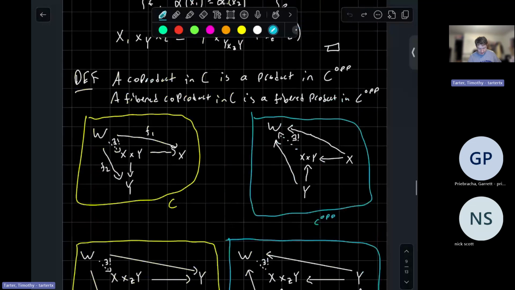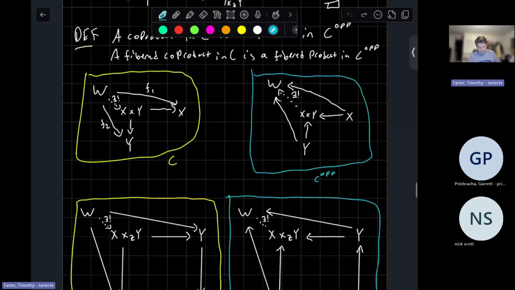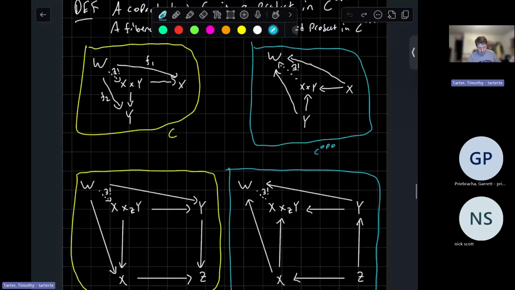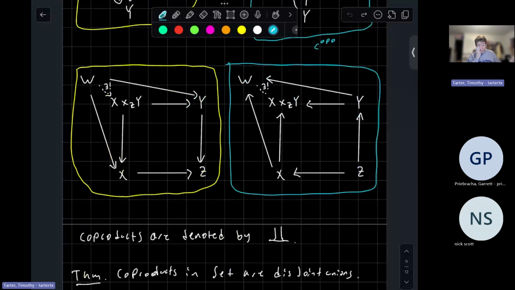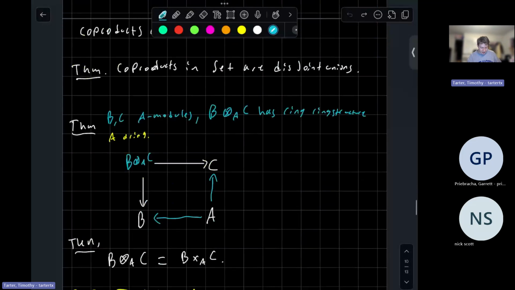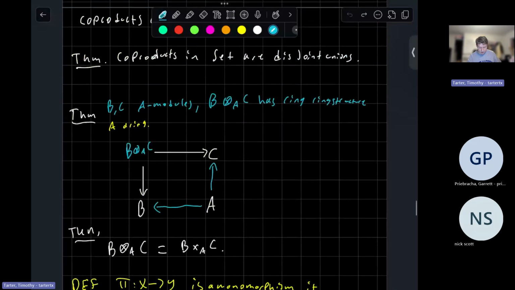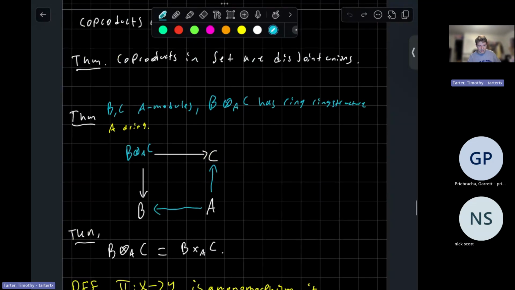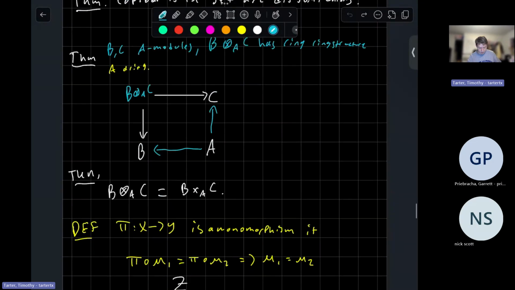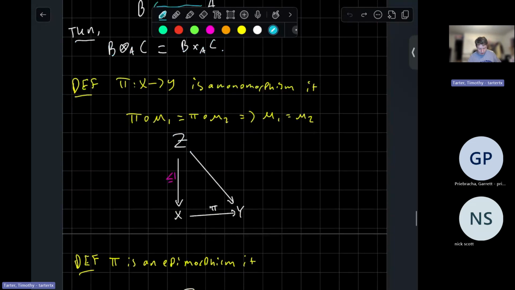So co-products are the arrow reversing thing going from X and Y factoring through the product into W. And then fibered co-products work the same way. That's kind of intuitive. And then fibered tensor products of A modules have ring structure. That was something we didn't prove, but we said, okay, this makes sense from how we've thought about fibered products so far.